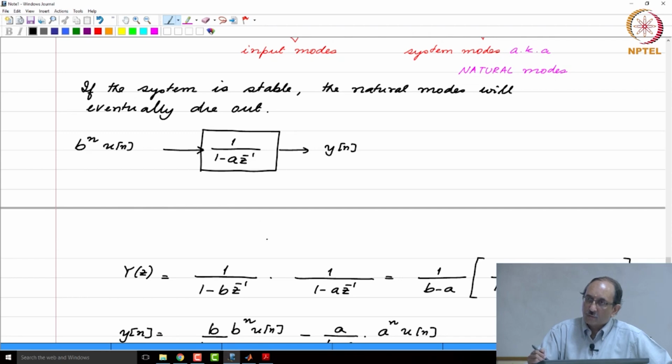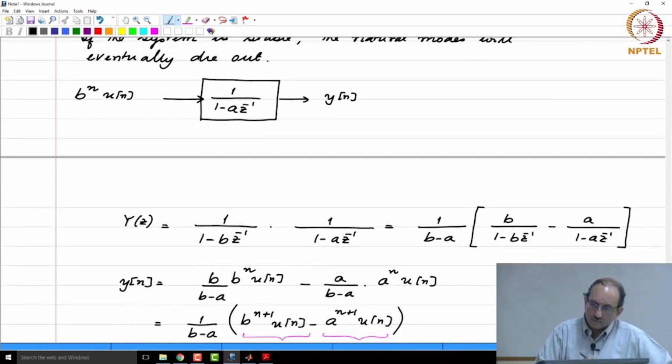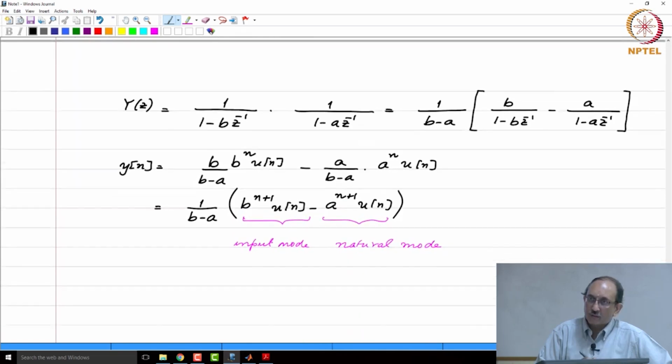Again, you will be able to write the transform of y of n in the form X of z times H of z, and if you did partial fraction expansion, when the input now is cosine omega naught n u of n, you will again have two parts.